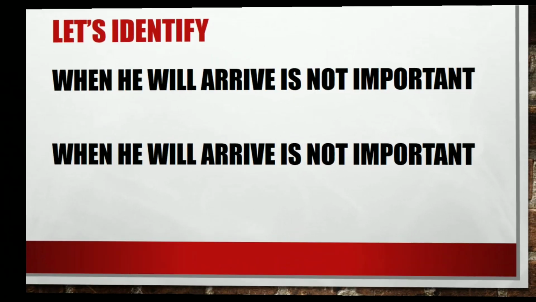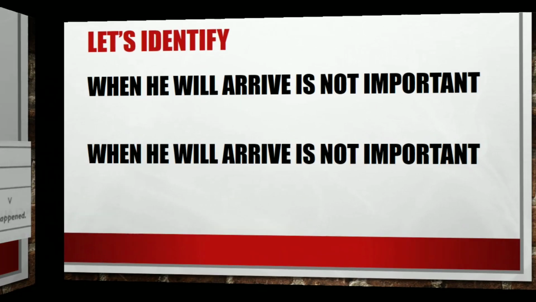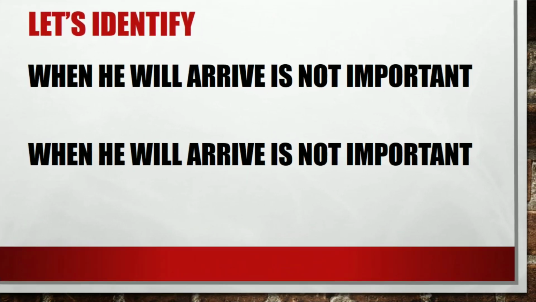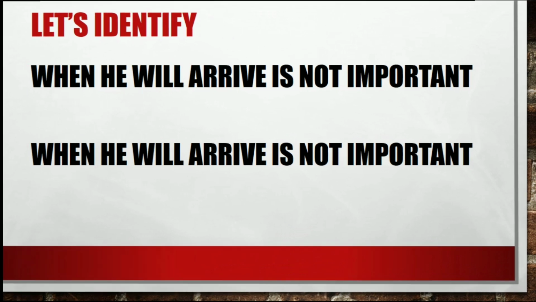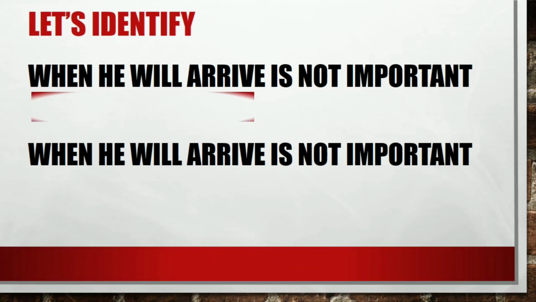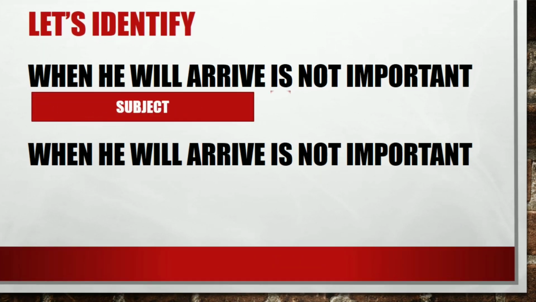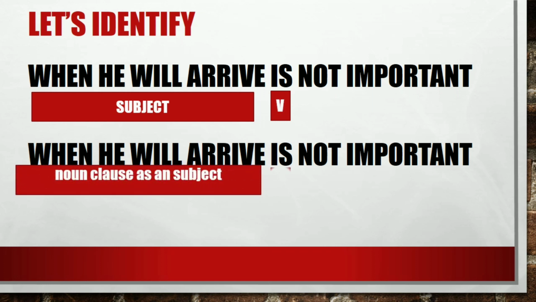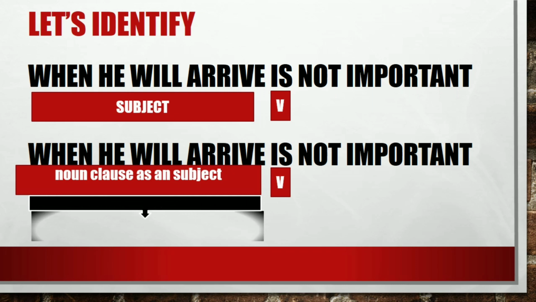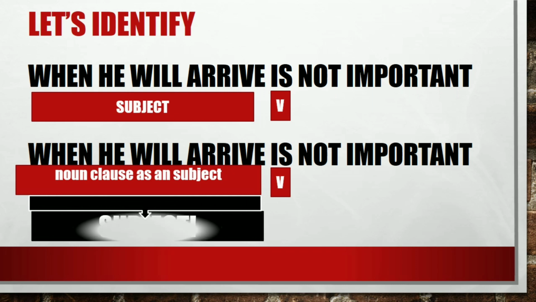Because we know the concept of the noun clause, we will not think about that. So let's break down this sentence. What is the subject? When he will arrive is actually the subject. It is a noun clause function as a subject. How about the verb? The verb is is.